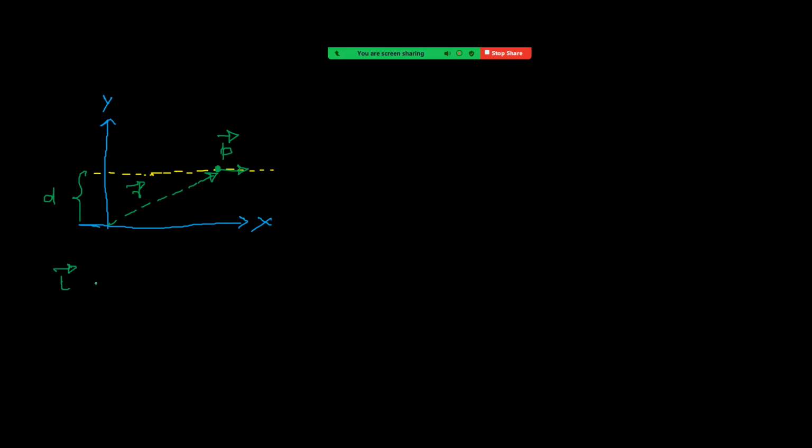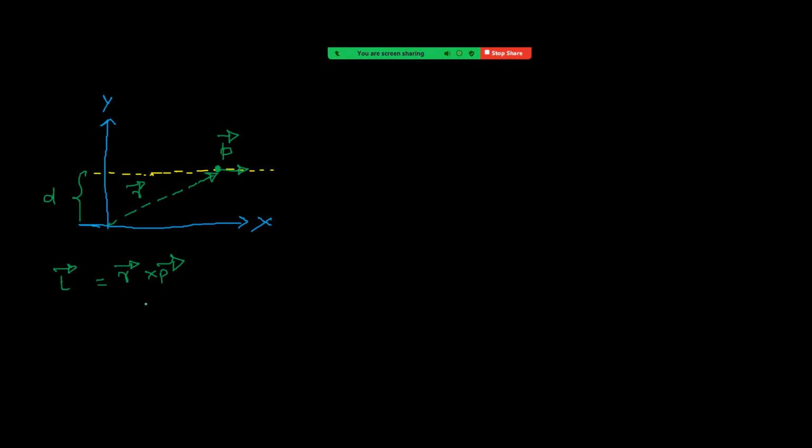L bar is equal to r bar cross p bar. But remember, we do not know the location of the particle. It can be anywhere on this line. And second thing, the momentum vector may be along positive x or maybe along negative x. So we do not know this.